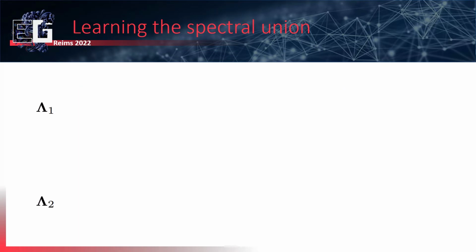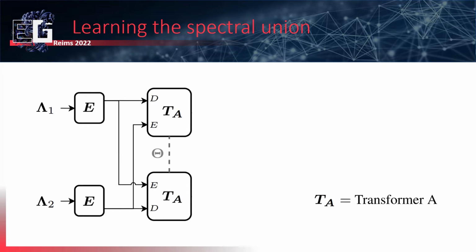The data that enters the learning model is sequential in nature, so we use learning models that know how to digest this type of data. In particular, we use two transformers that take sequences of eigenvalues as input. They are Siamese in the sense that they interact in a symmetrical way, sharing the weights. So they are basically the same transformer used twice in a symmetrical way.